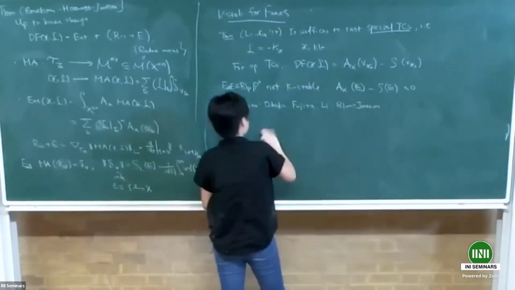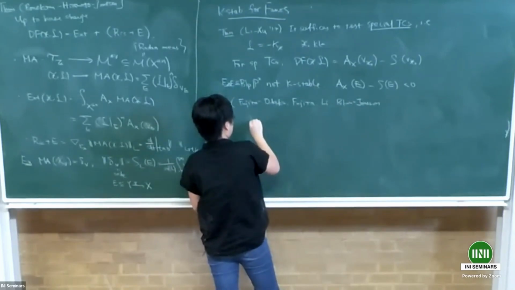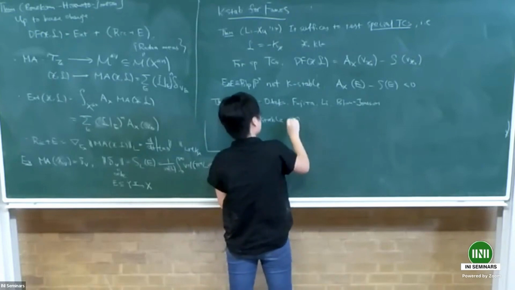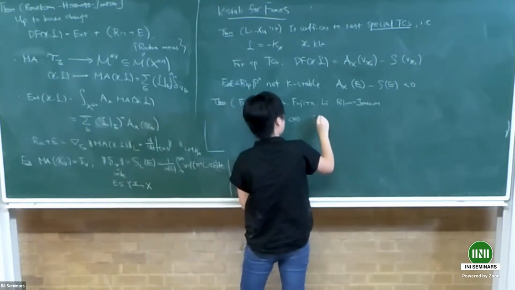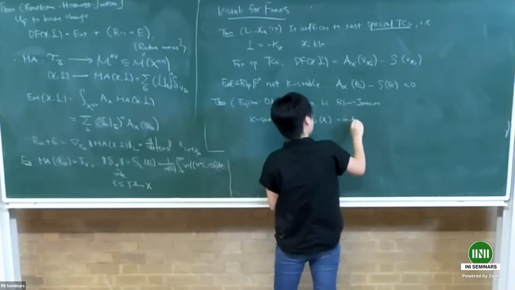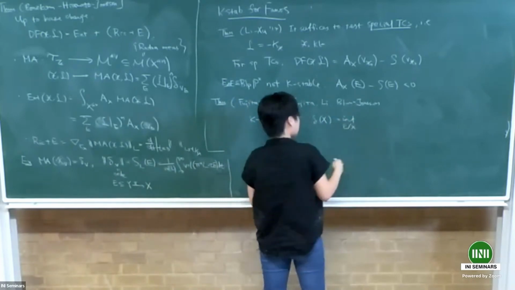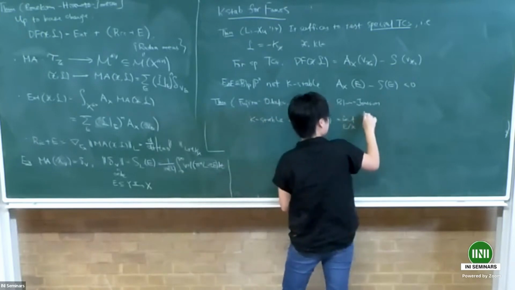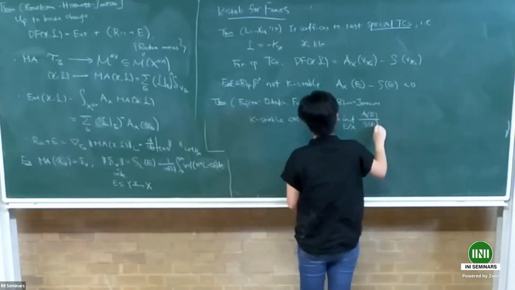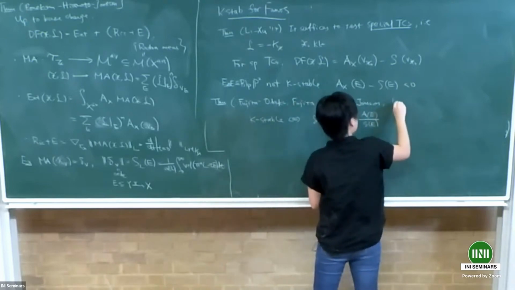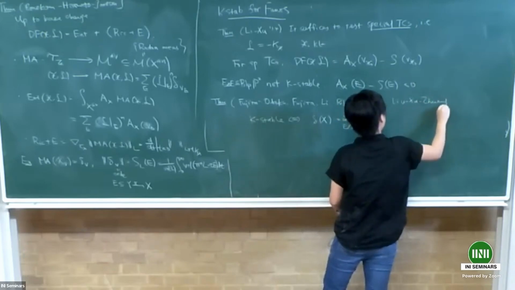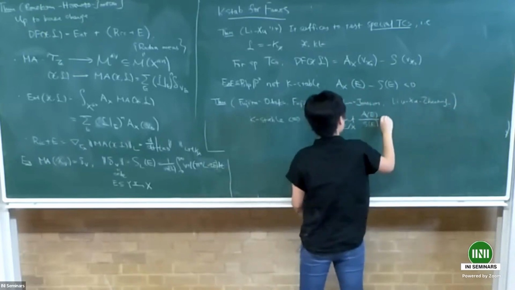So up to this part is about uniform K-stability if and only if this delta invariant of X, defined as the infimum over all prime divisors over X, so over all divisorial valuations, of A of E over S of E, is greater than 1. And then you need some finite generation result. This is one.